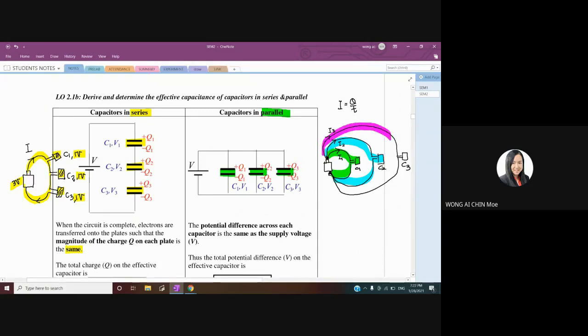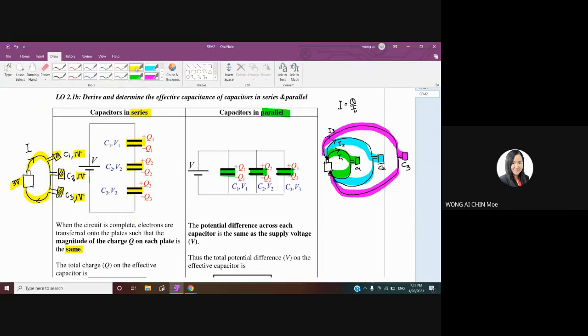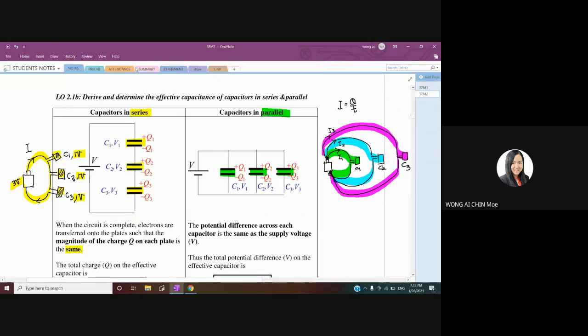So these three capacitors are actually connected straight away to the power supply. This means that the potential difference across each capacitor is the same as the power supply, because each of them is connected directly to the power supply.